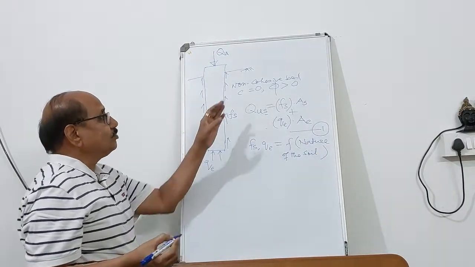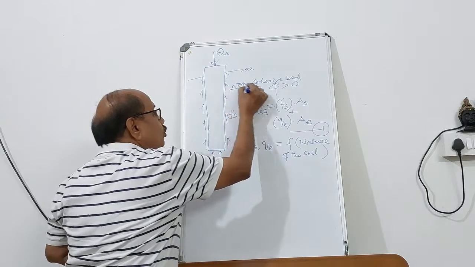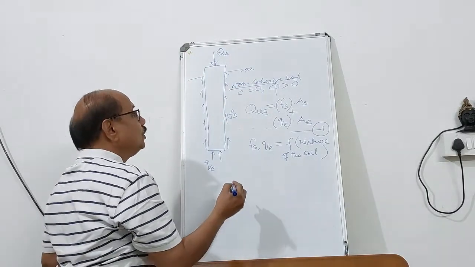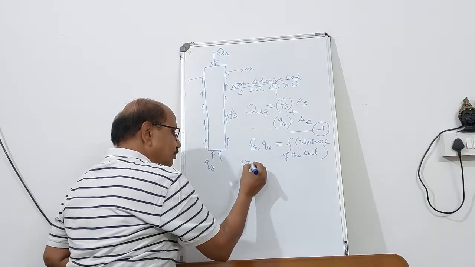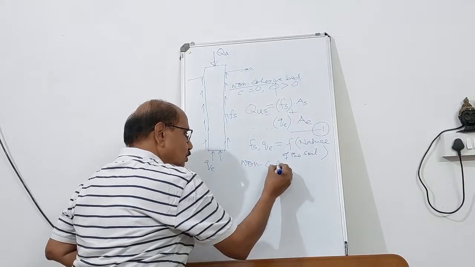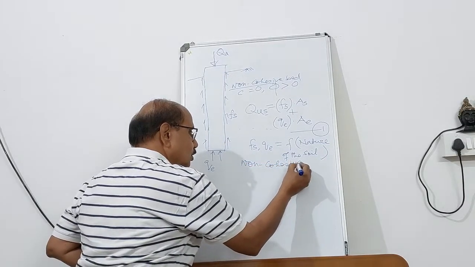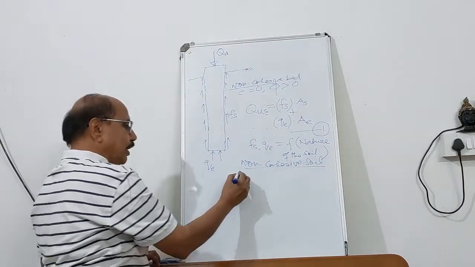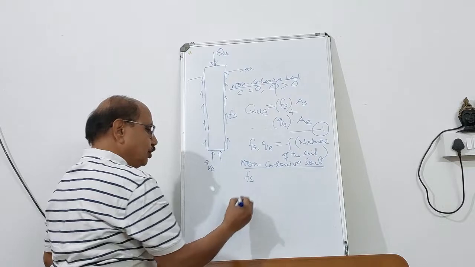So what is the nature of the soil? It is non-cohesive. So for non-cohesive soil mass, how will you calculate the unit skin friction?